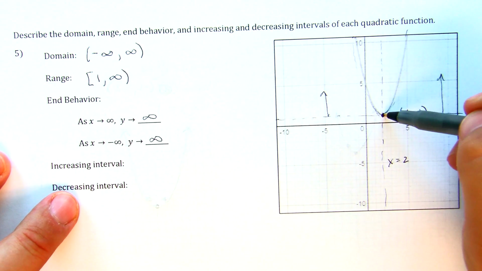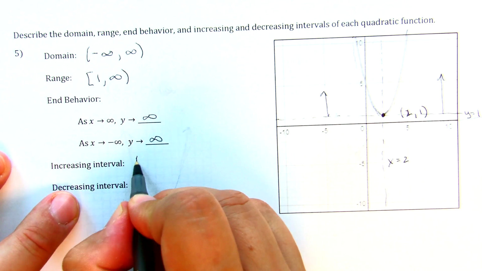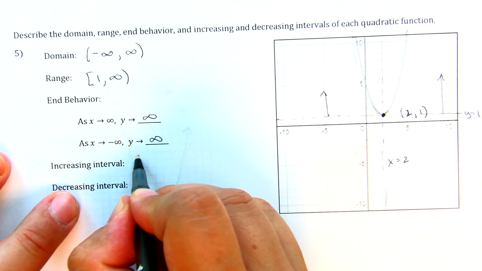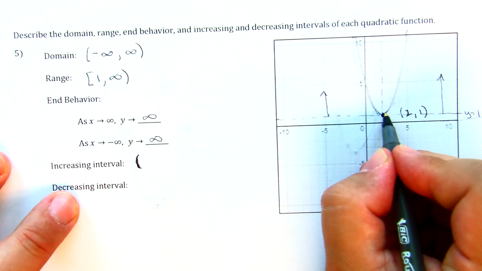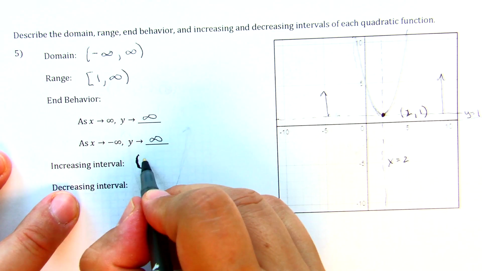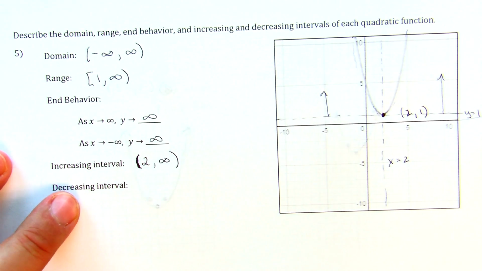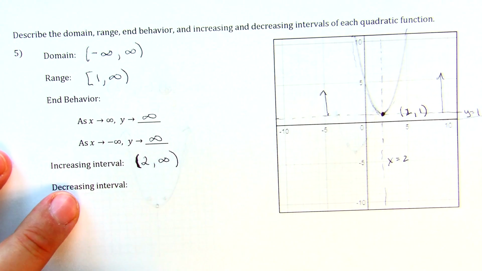It starts at x equals 2 and keeps going. So we write it like this. Open interval, so it doesn't include 2, because at 2 we're not increasing or decreasing, we just sort of flattened out. But after that, from 2 to infinity, we're increasing. Parentheses on both.